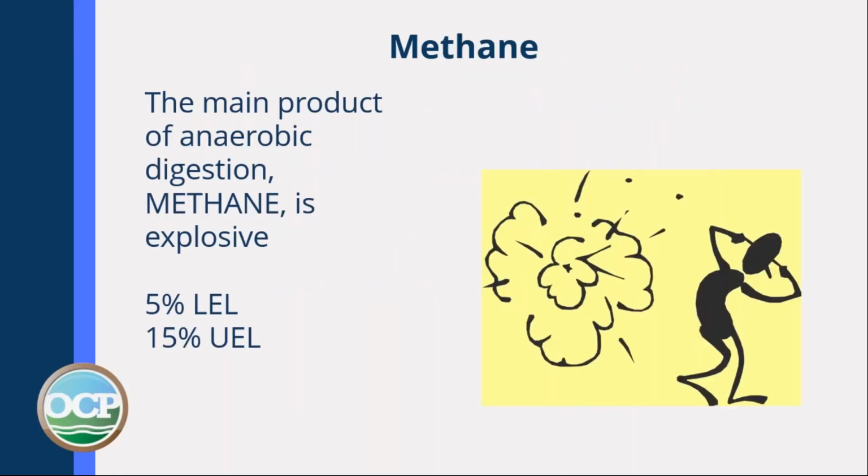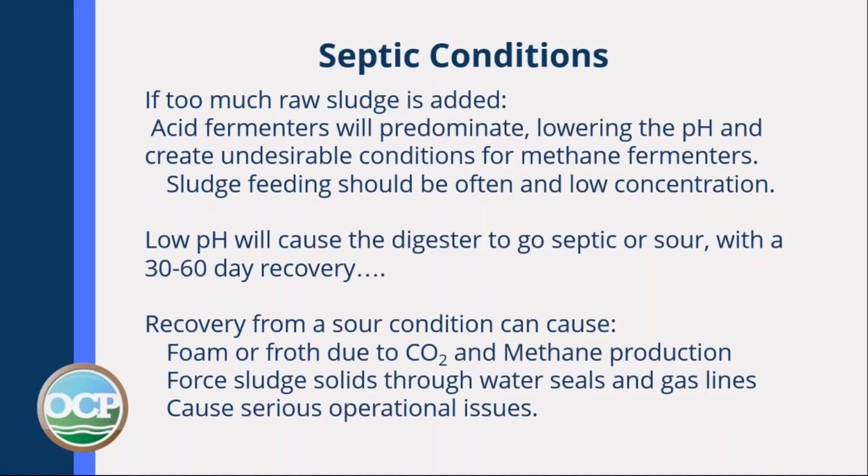Remember, the main product of anaerobic digestion is methane, and it is explosive. The lower explosive limit for methane is 5% in air. The upper explosive limit is 15% in air. So if you get between 5 and 15% in air, methane will explode.